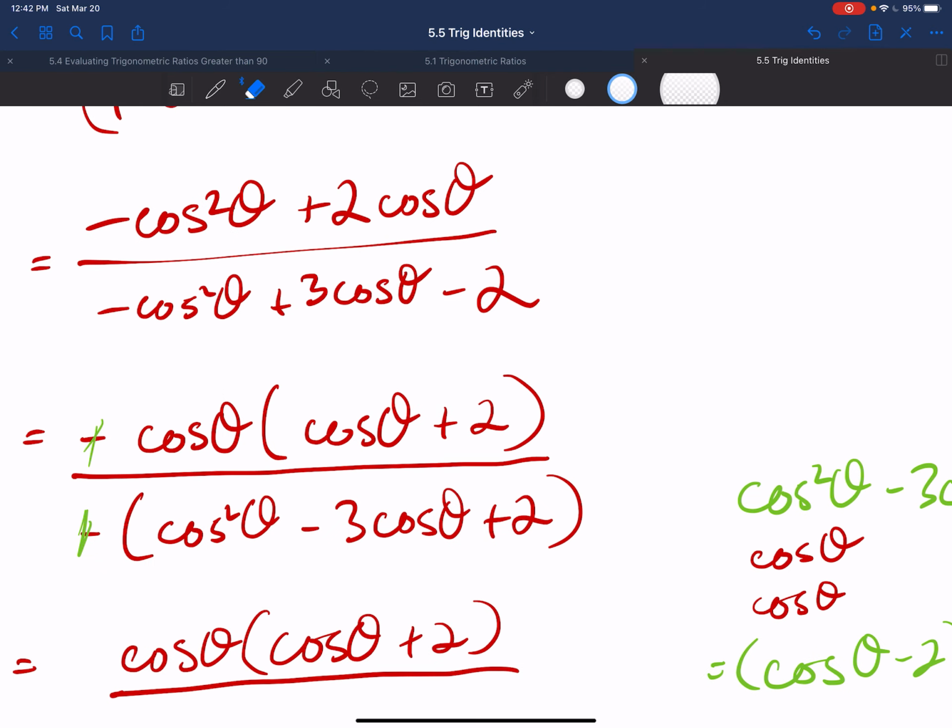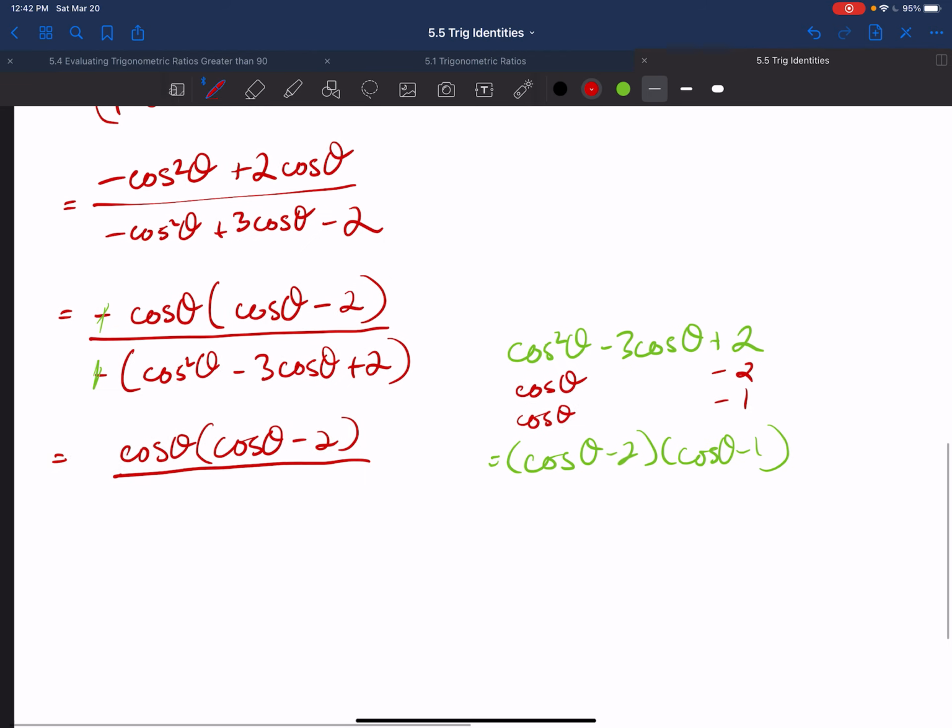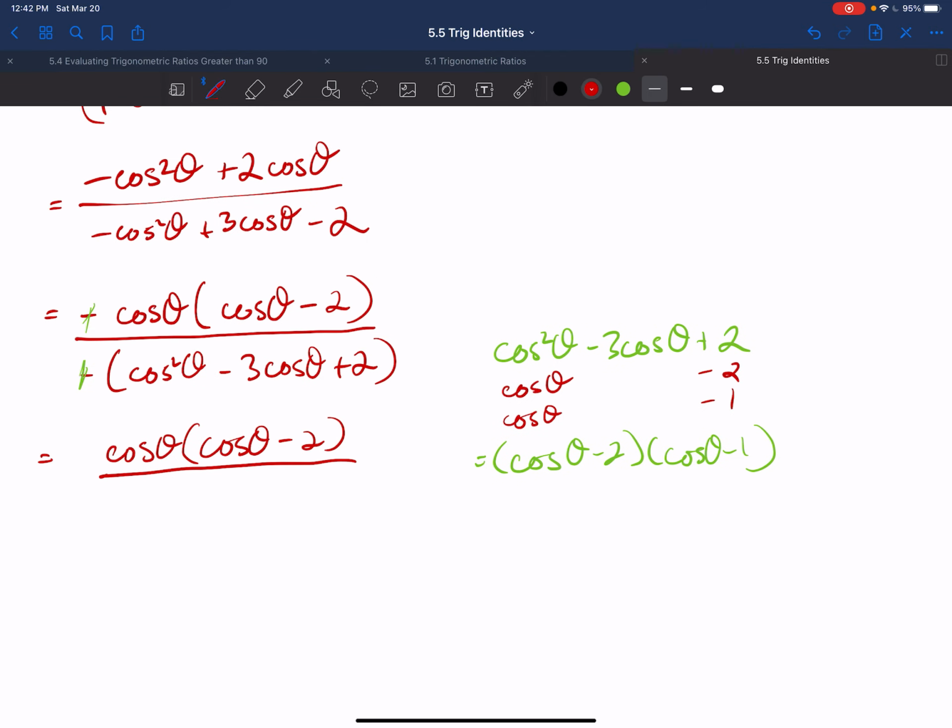So here I factored out negative cos theta, but I didn't factor out the negative from there, so that should have been minus 2. And I knew something was up because once I factored it, I didn't have anything I could cancel out. And if you didn't make a mistake and there's nothing you can cancel out, then that didn't help you. You have to go and try something else. Maybe you have to cross everything out or erase it and start over.